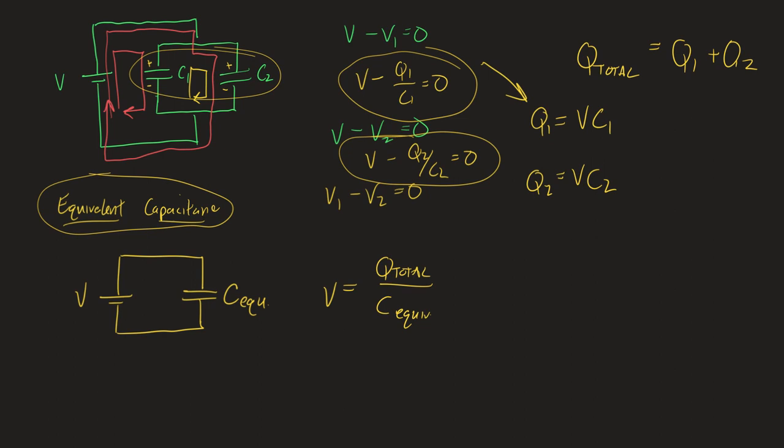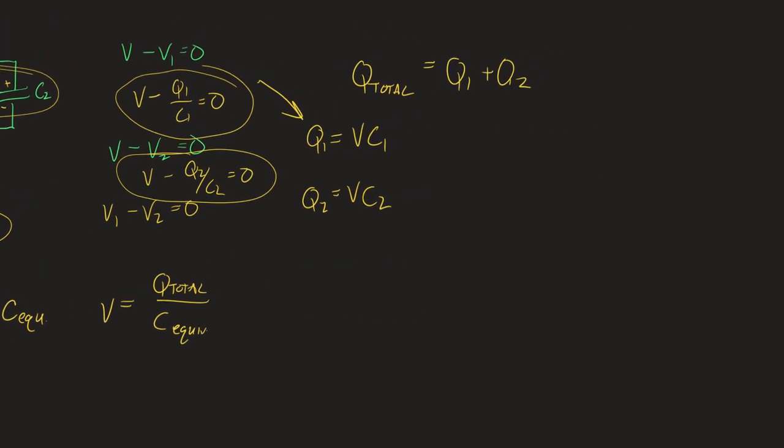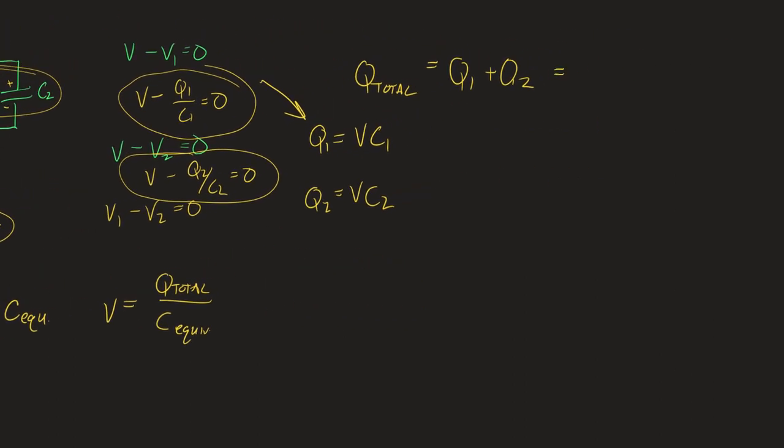This gives me a method of writing how much charge was pushed to the circuit based on how big the capacitors were, instead of individual charges. I could also write the total amount of charge in terms of the equivalent capacitance.